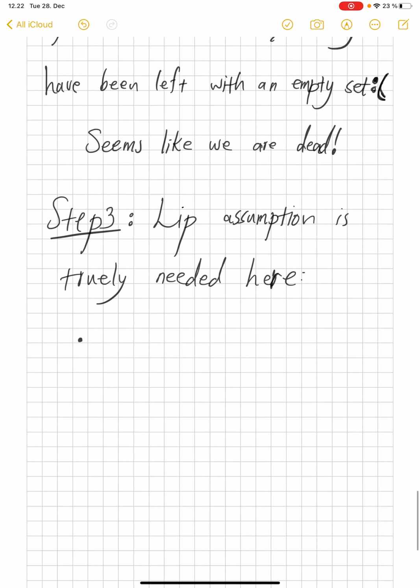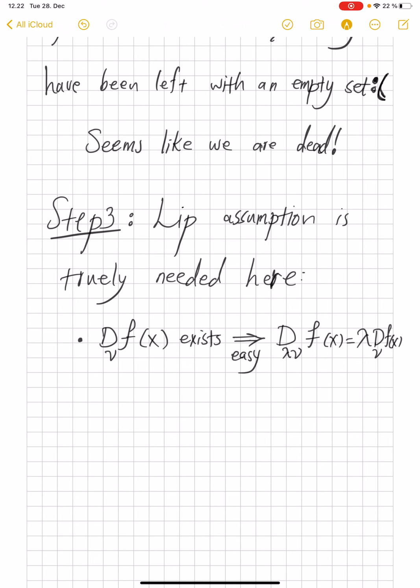Number one, if the directional derivative of f in direction v exists, then it implies the directional derivative in any scaling of this also exists and equals this scaling times it. That's just by definition. Super easy. You just multiply this t in the denominator by lambda, and then you multiply the whole fraction by lambda. So we shall choose only v's from the unit sphere.